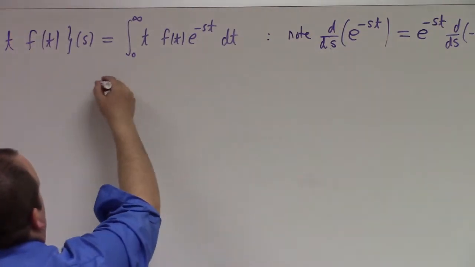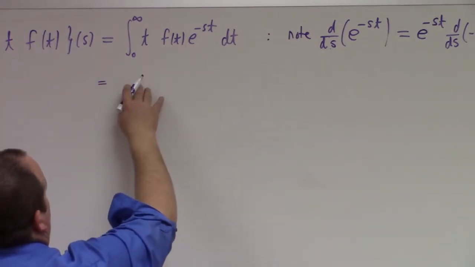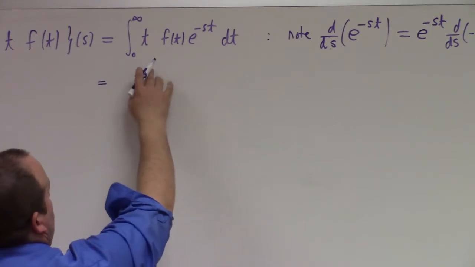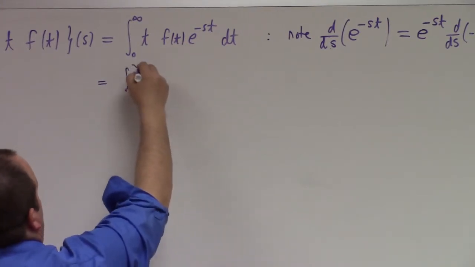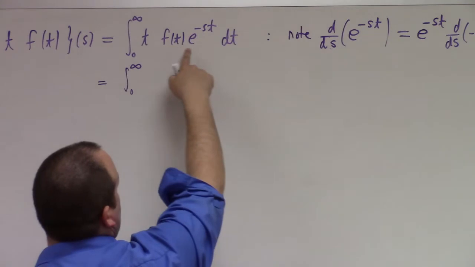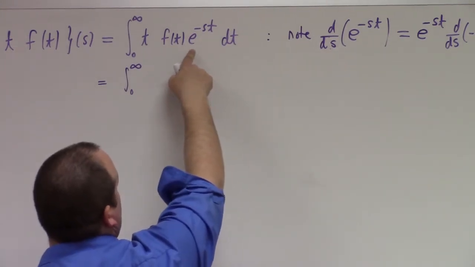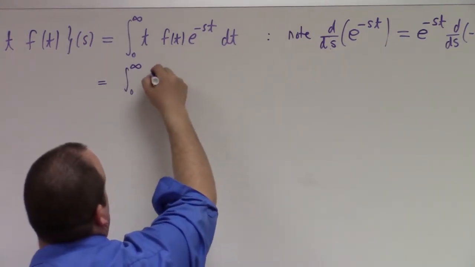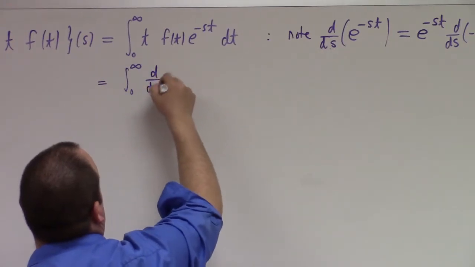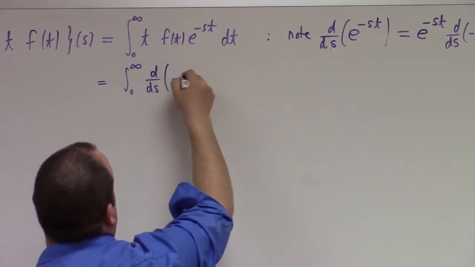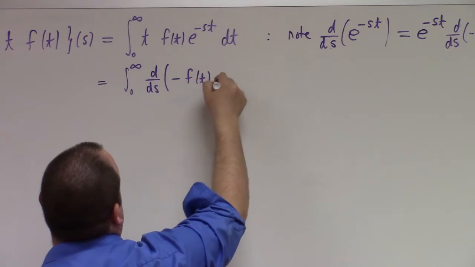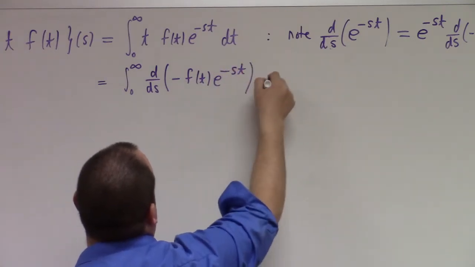Well, t is a constant with respect to the s differentiation, right? So you could look at this as the integral from 0 to infinity of, we've got a t, it's really d/ds of minus f of t e to the minus st dt.